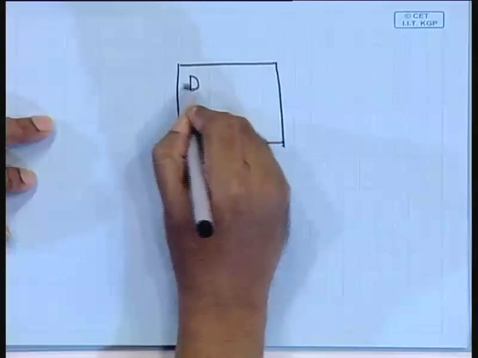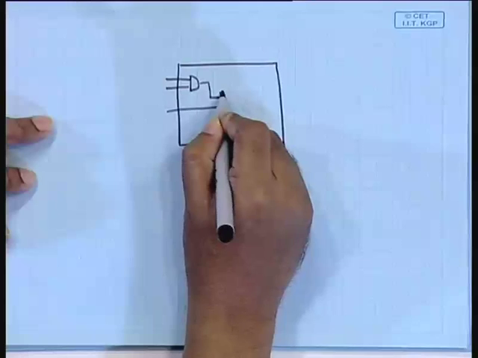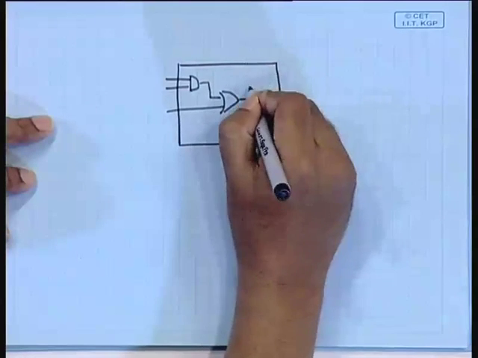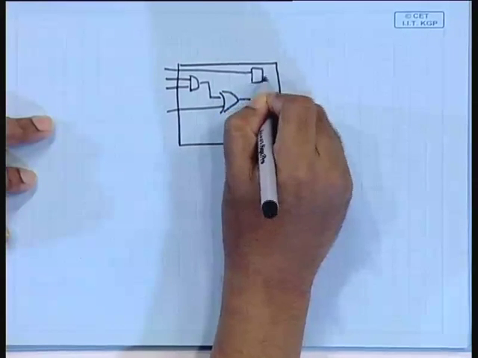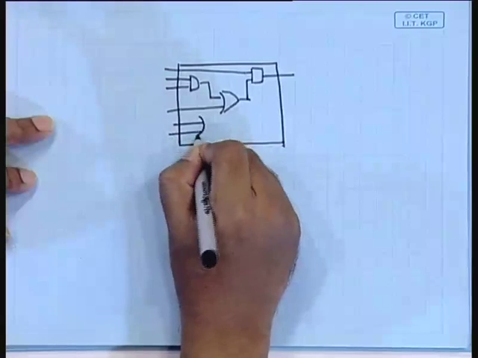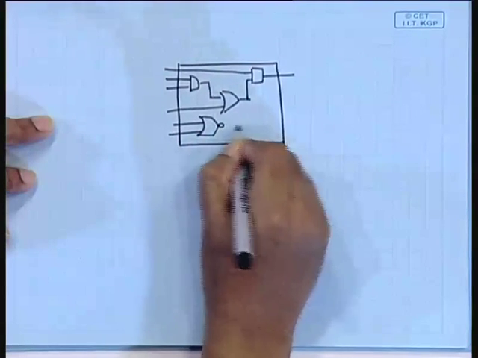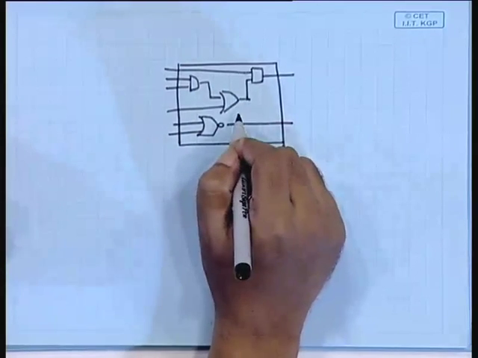have many gates in that circuit, and what the event driven simulation does is that whenever there is a change in the input of any of these gates, then we only simulate those parts of the logic which are affected by that.